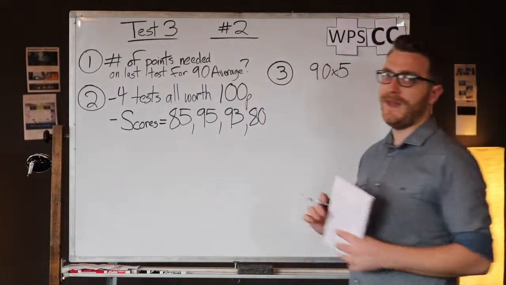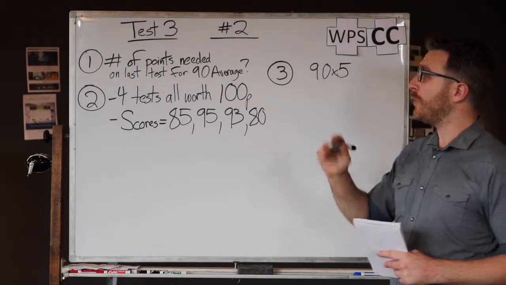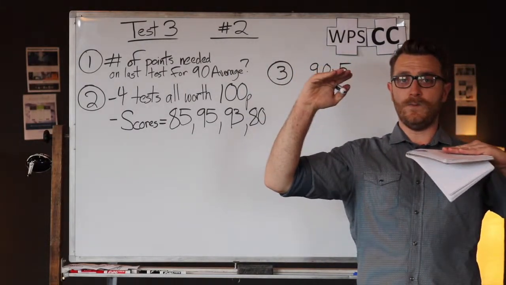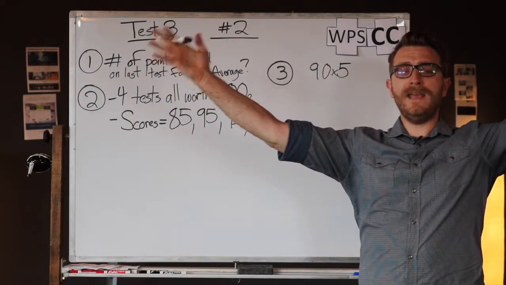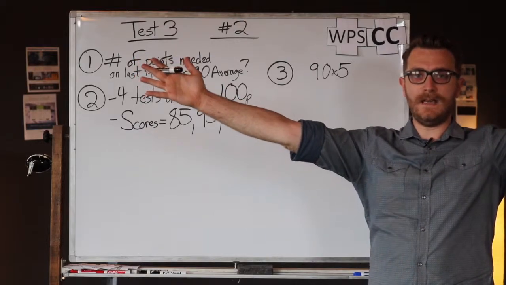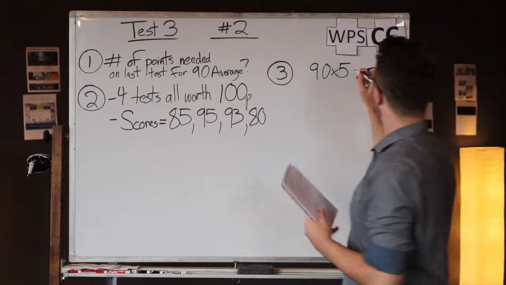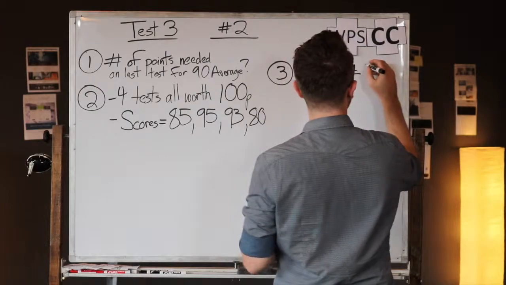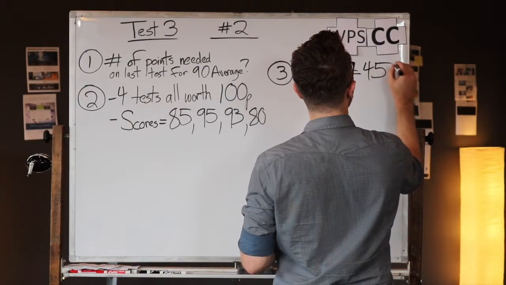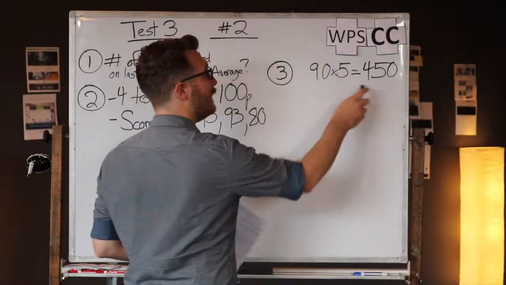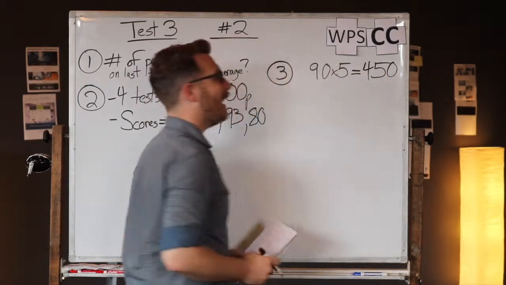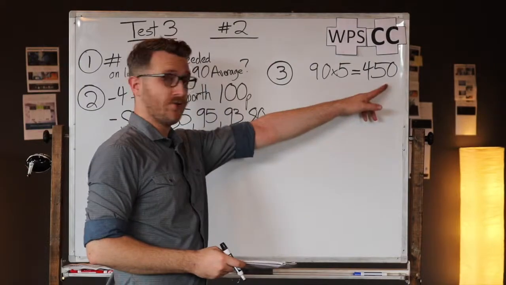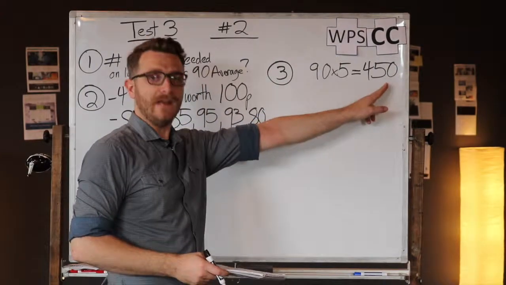Maybe if we also had 3 90s, an 89, and a 91, we know their sum would be the same, and it would be basically 5 times the number 90. So if we look for 90 times 5, we will get 450. That's not the number we're looking for in our answer, but it's a good thing to find out. Out of 500 points, if you get 450 of them, you get an average of 90.